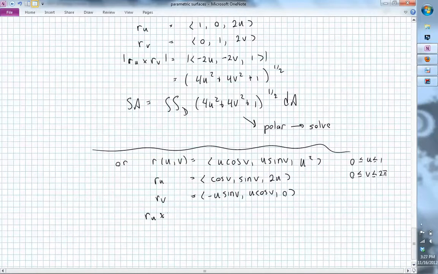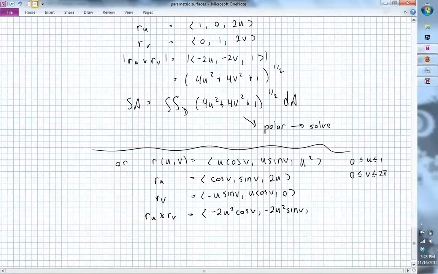r_u cross r_v. Okay, blot out the first column, and what we get is negative 2u squared cosine v. Blot out the middle column, and we get negative 2u squared sine v. And blot out the third column.